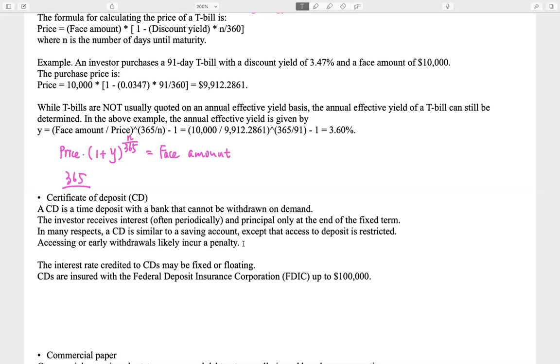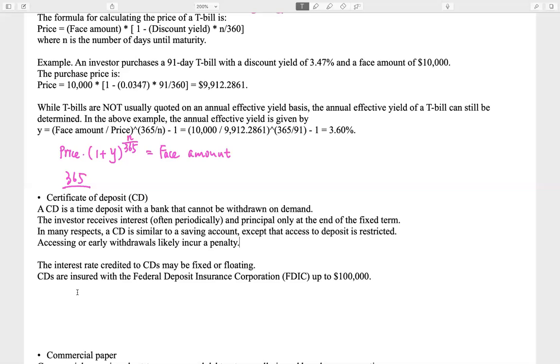So you can see the pros and cons of each type. Checking usually has zero interest. For saving, there is some interest, but very close to zero. For CD, significantly higher interest, but with more restrictions.